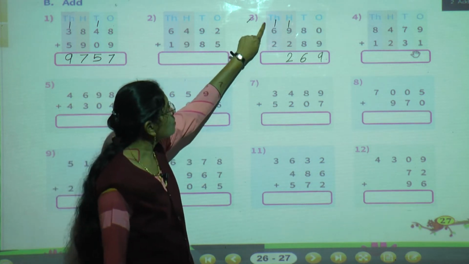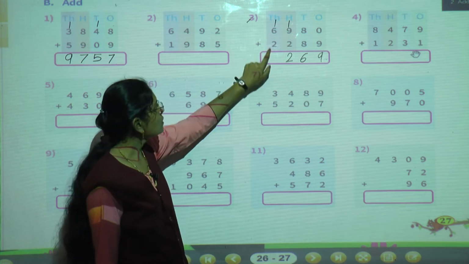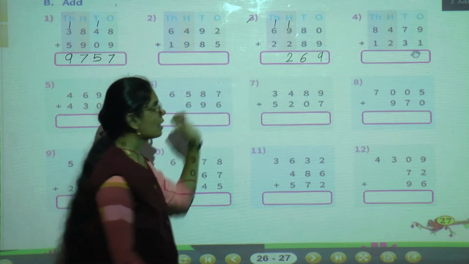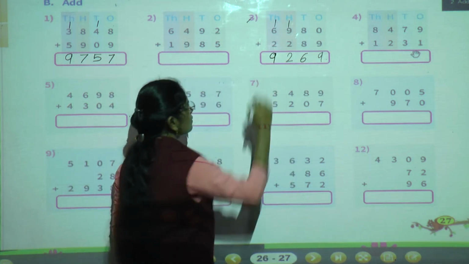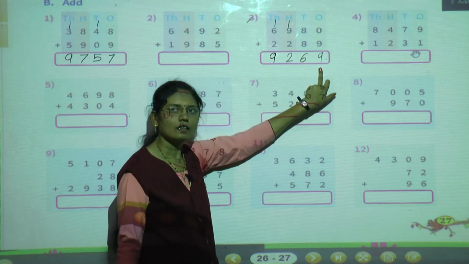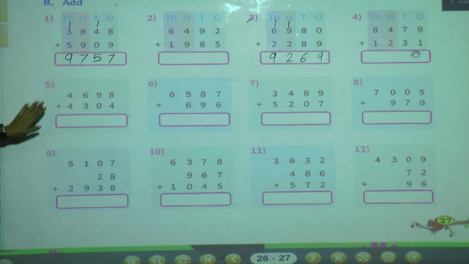Here 1000 plus 6000. 1 plus 6, 7000. Then add 2 more thousand. 7 plus 2, 8, 9. So what will be the answer? The answer is 9269.